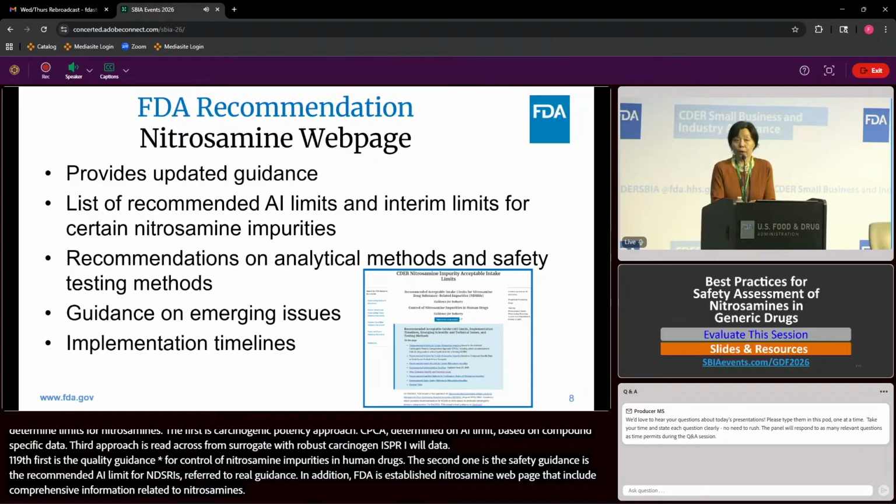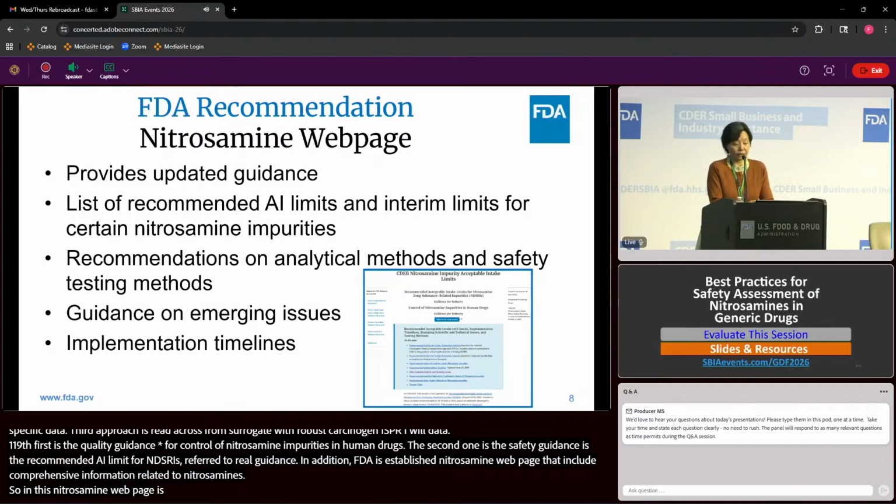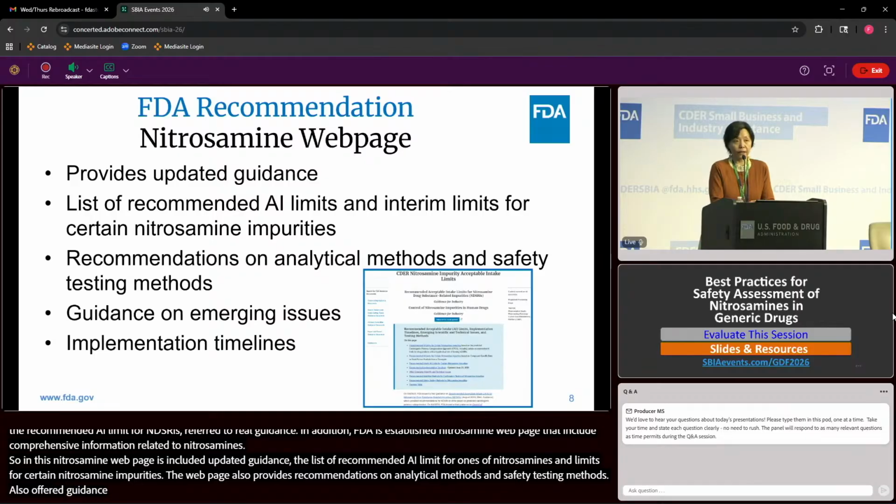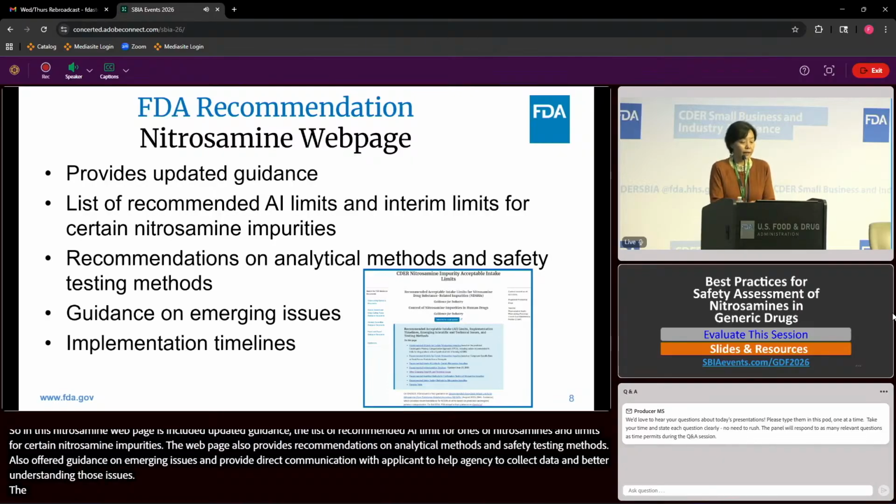This webpage includes updated guidance, the list of recommended AI limits for hundreds of nitrosamines, and interim limits for certain nitrosamine impurities. The webpage also provides recommendations on analytical methods and safety testing methods. It also offers initial guidance on emerging issues and provides direct communication with applicants to help the agency collect data and better understand those issues. The webpage also provides implementation timelines for FDA recommendations and requests.